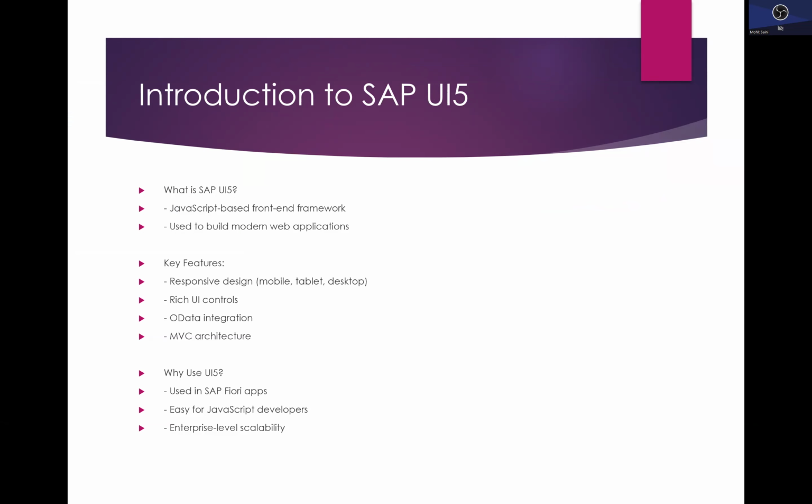Okay. So now first, what is SAP UI5? SAP UI5 is a JavaScript framework used to build enterprise web applications. It is mainly used in SAP products like Fiori apps. Okay, so in simple words, I would say it is a toolkit to create beautiful responsive web applications using HTML, CSS, and JavaScript.